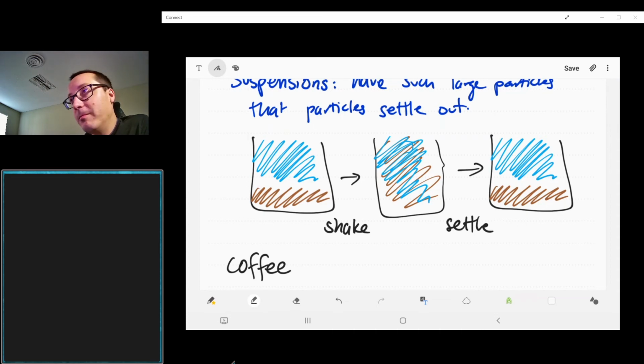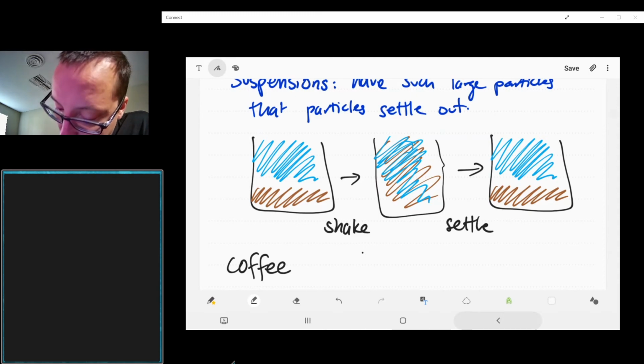Depending on how long your coffee has been sitting there, sometimes you'll see at the bottom that not quite coffee grounds, but sludgy stuff going on. That's the suspension of coffee. It's just stuff that's settled out a bit. So these are another special case of solutions. They're not true solutions in that they're not necessarily homogeneous because they have such large particles, but in suspensions, they will settle out eventually.